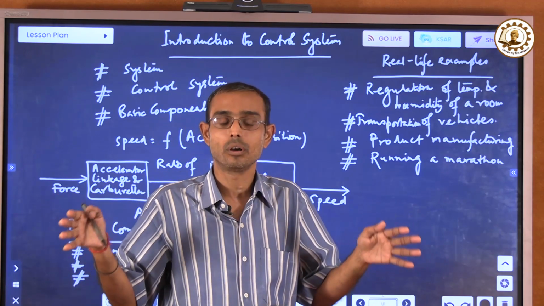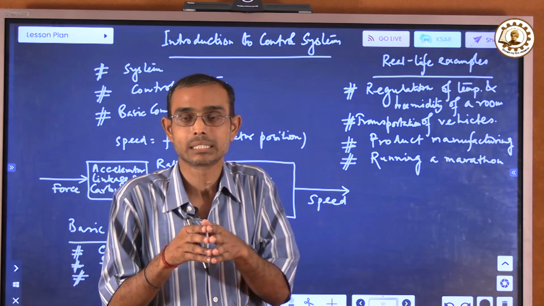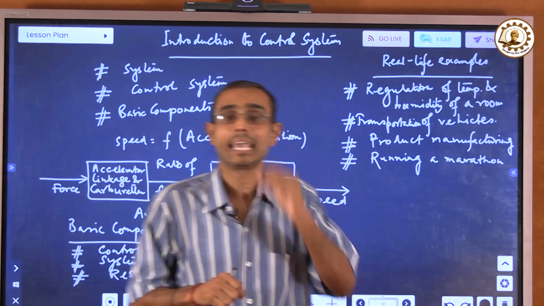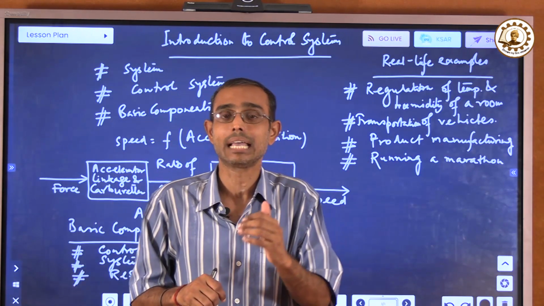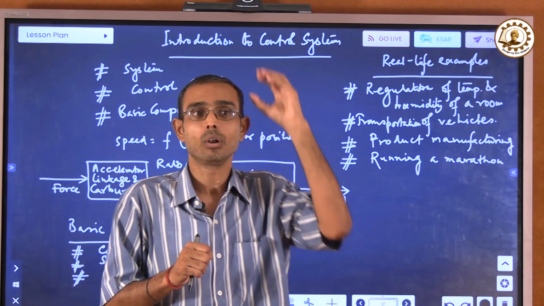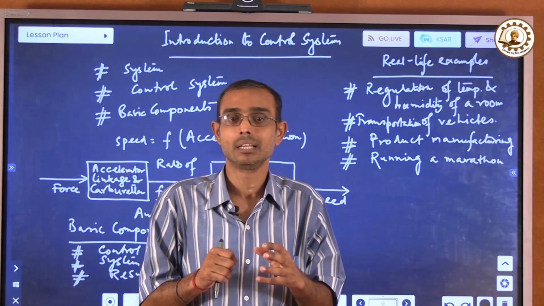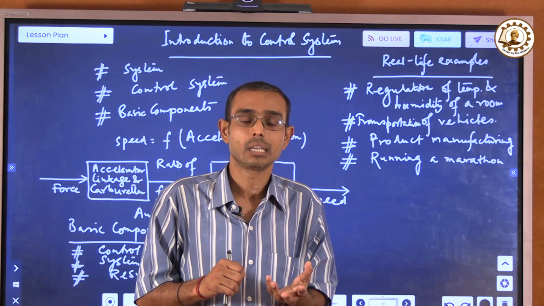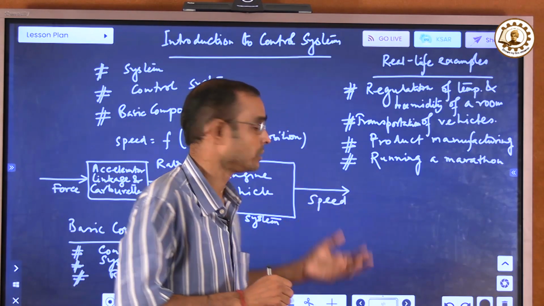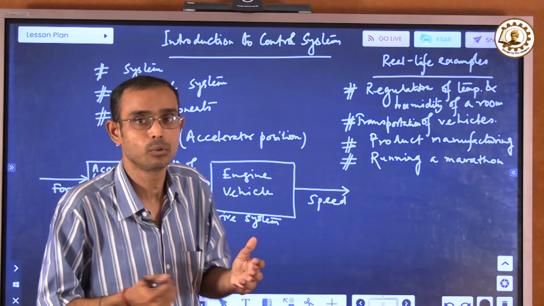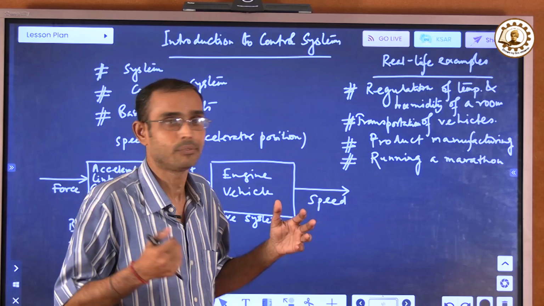To maintain a proper check and balance between these three parameters, product manufacturing can be called a very good real life example of control system. We will always apply some control criteria so that our production yield will be higher with lesser cost, and also the quality will not be compromised. So this is another very good real life example of control system.